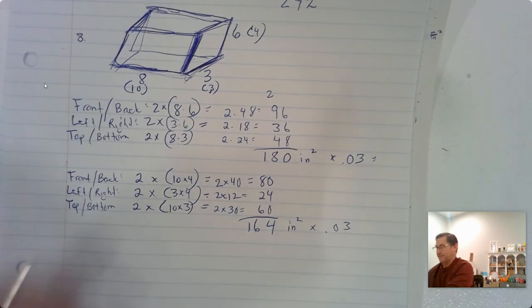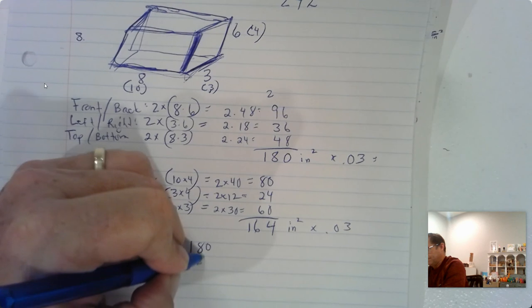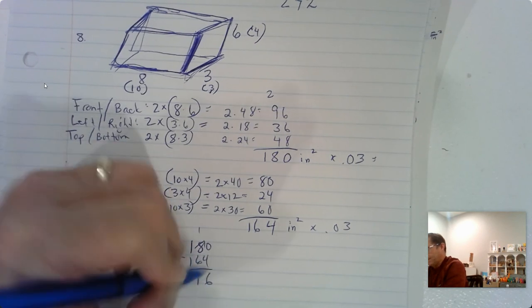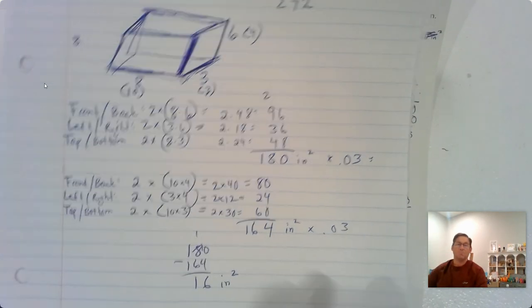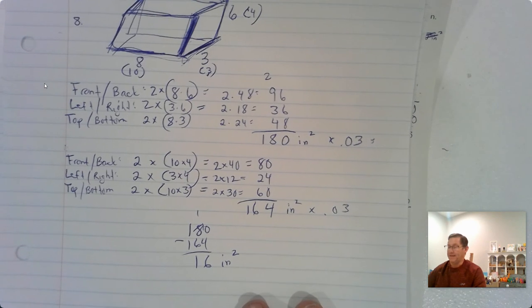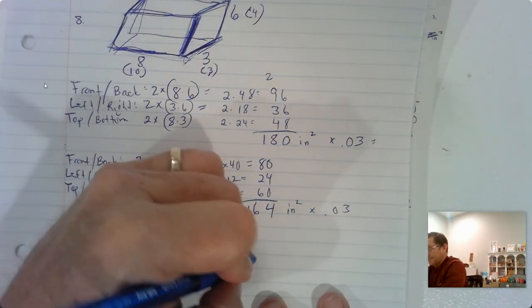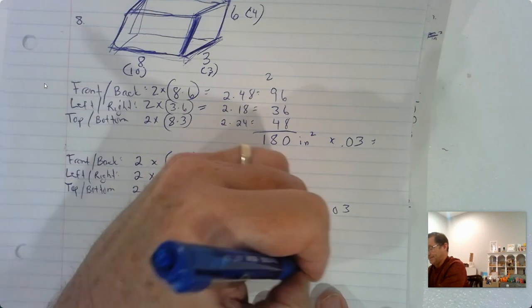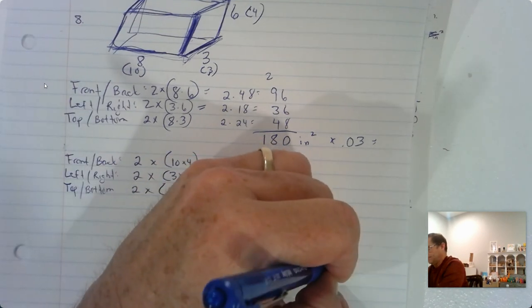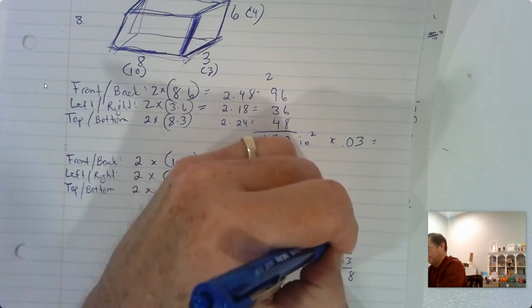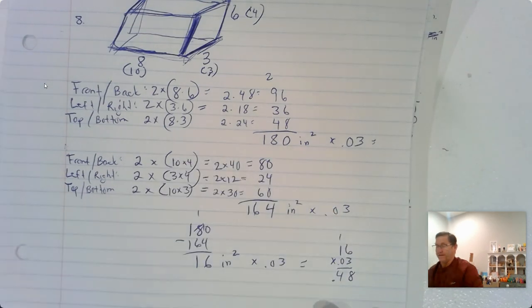This box is 16 square inches more than the second box. So 16 times 3 cents. So 48 cents more.